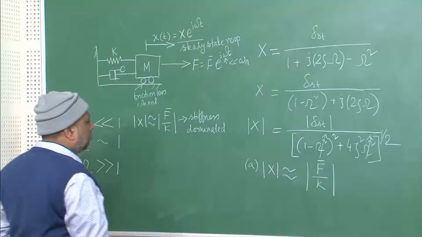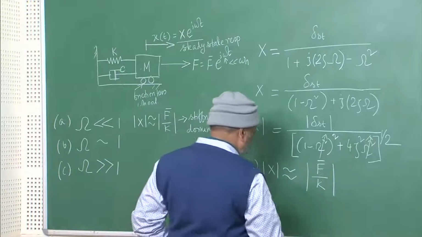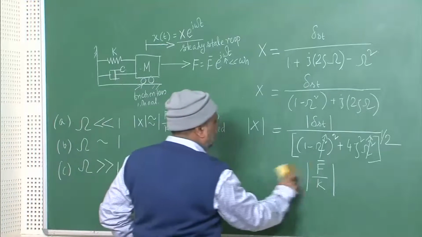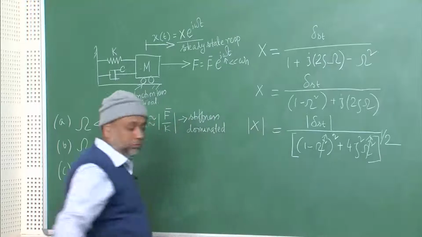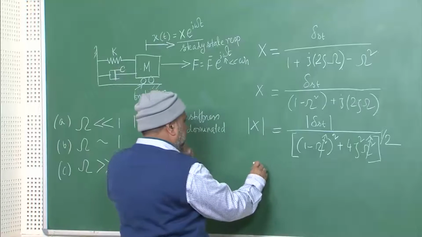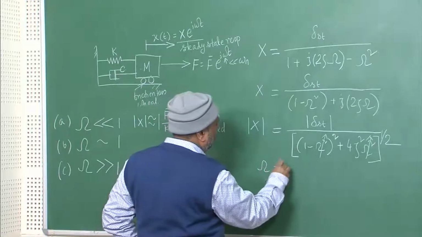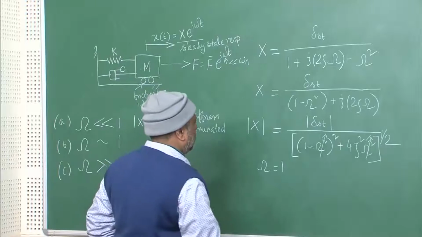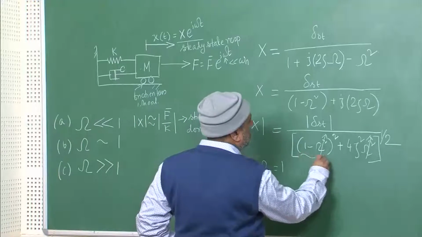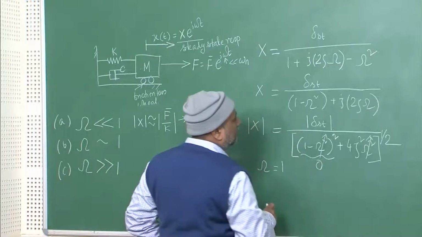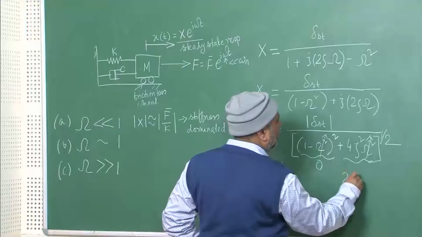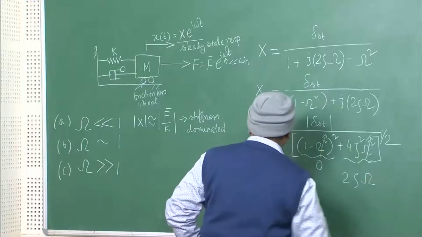Second case, omega equals to 1. If I substitute, then what will happen is that this term will become 0 and this term will become, after square root, 2 zeta omega.